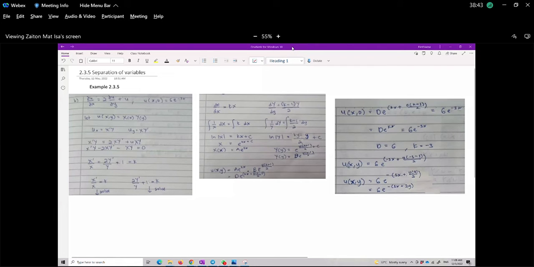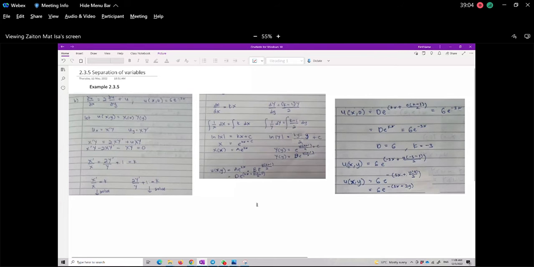Okay, let's start, example 2.3.5b. The question asks us to use separation of variables to solve this first order PDE, with the given condition.